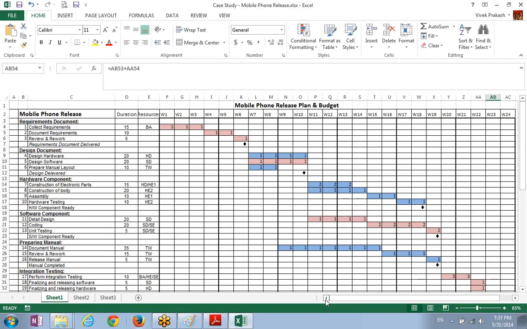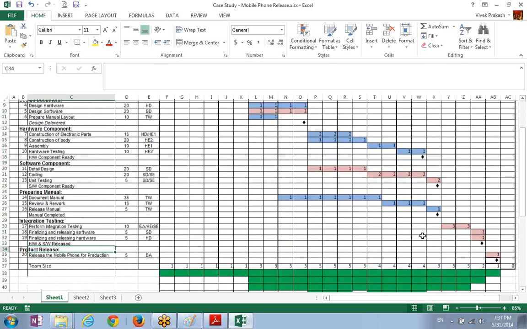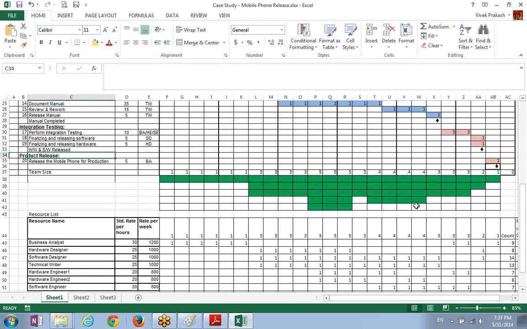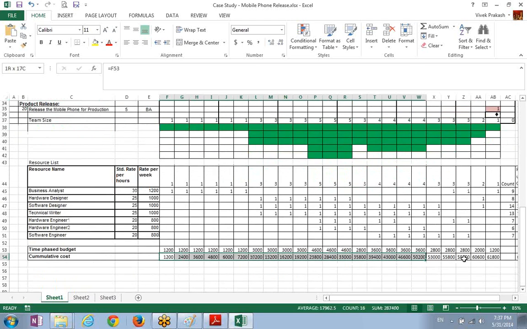See, the fewer documents you keep, the better you are. It not only contains all the activities of the project, it also contains when they are happening, and it also shows how I can see it graphically. In fact, I can create a graph for this also.